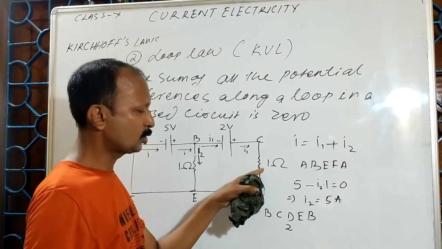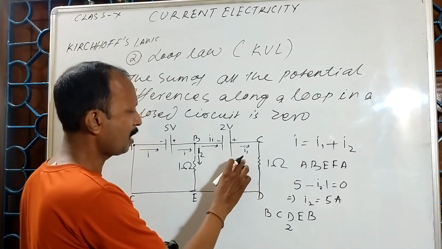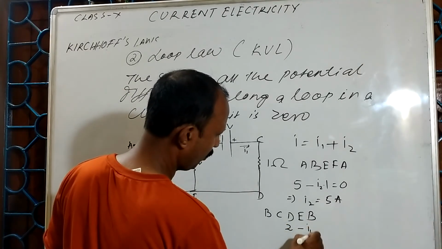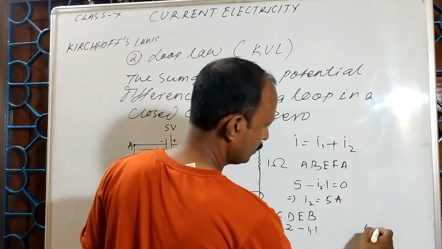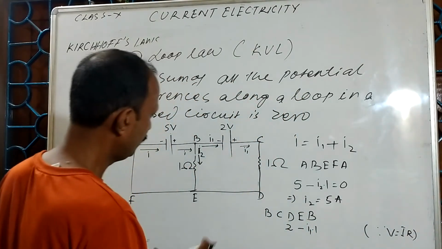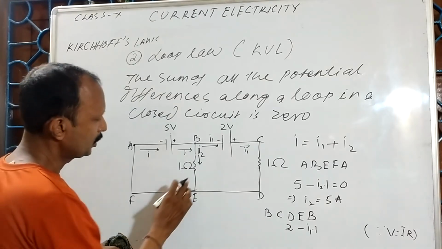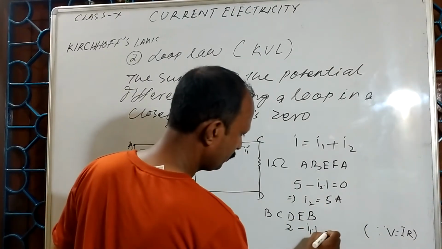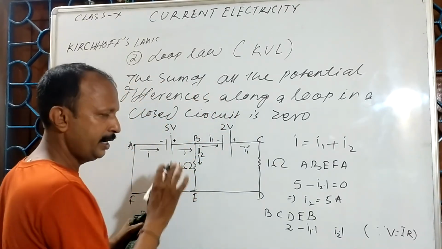So the potential difference through these resistors is equal to IR. I is here I1, R is 1. That means minus I1 into 1, since you know that Ohm's law is V equal to IR. Again I am moving this way. Whenever I am moving, the current here is I2, resistance is 1.